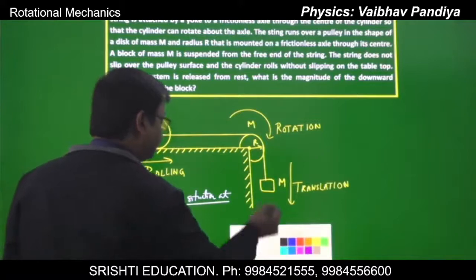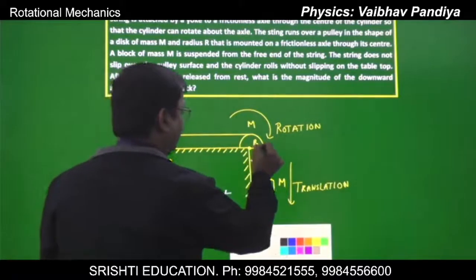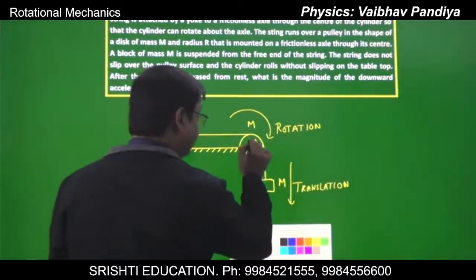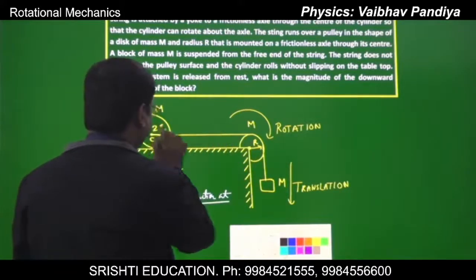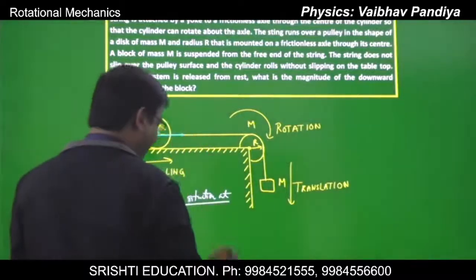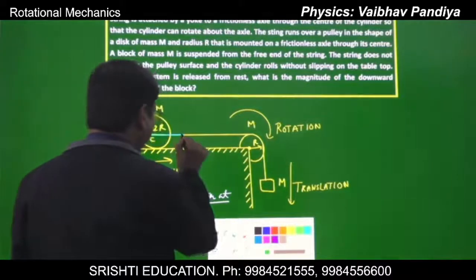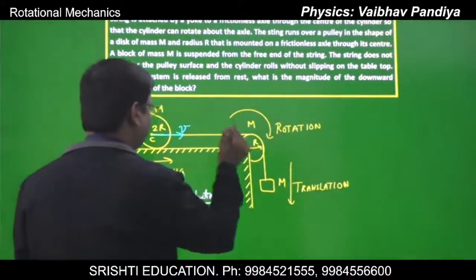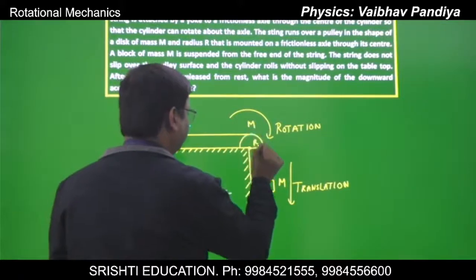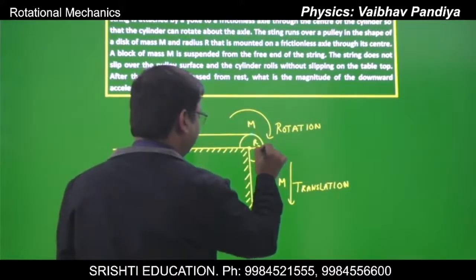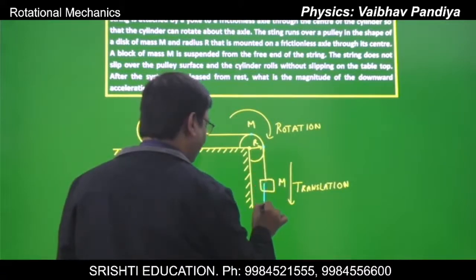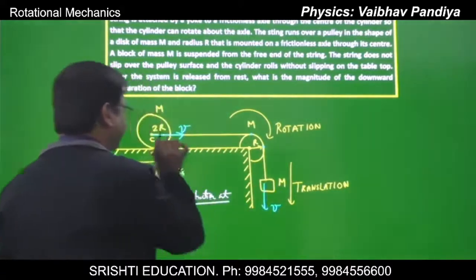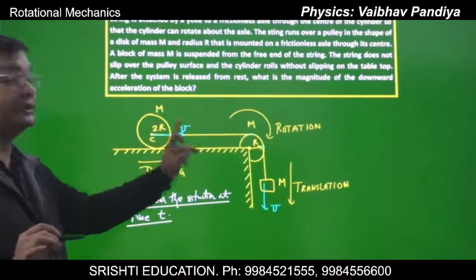In that case, the points of contact would have the same linear speed. So see, if you see this segment of the string, if the center of the cylinder has a linear speed v, this point will also have a linear speed v, and so v will also be the linear speed of this point and also of the block. So we can say the center of the cylinder and the block will have the same linear speed.